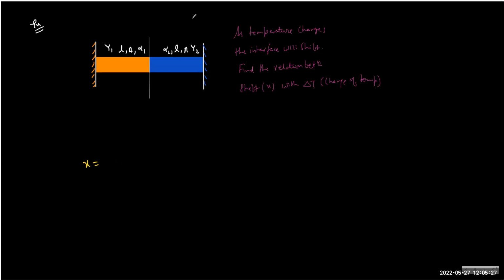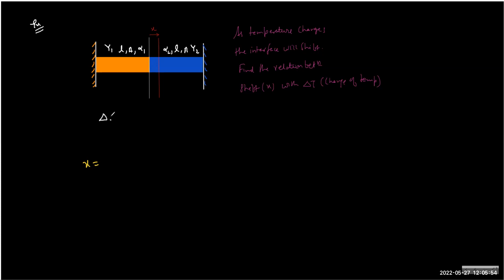So first of all, you need to realize a lot of things. Let's say I'm assuming the shift towards right. Let's say the yellow one is more powerful in terms of thermal expansion. If the shift I will assume as X, so naturally, if you increase the temperature, the natural expansion of the first will be how much?